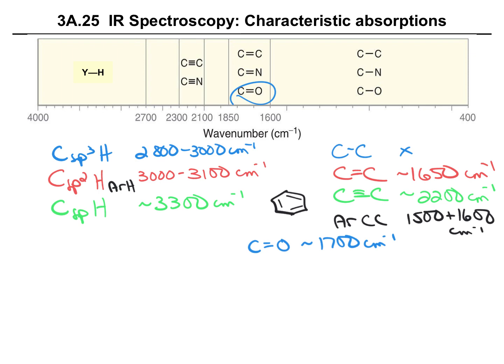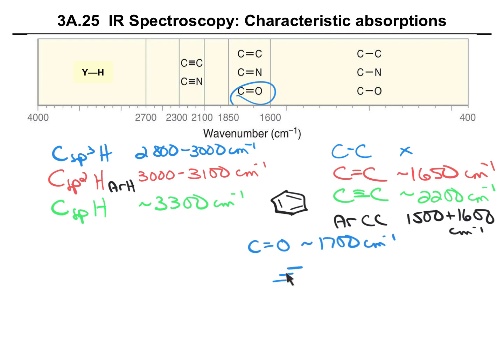And some books will focus on the fact that if your carbonyl is part of an aldehyde or a ketone or an ester or an acid, it will have slightly different absorptions. And so in many cases, they will give tables that say this carbonyl is one thing and this carbonyl is another thing and this carbonyl is something else. But I'm more concerned about the overlap.